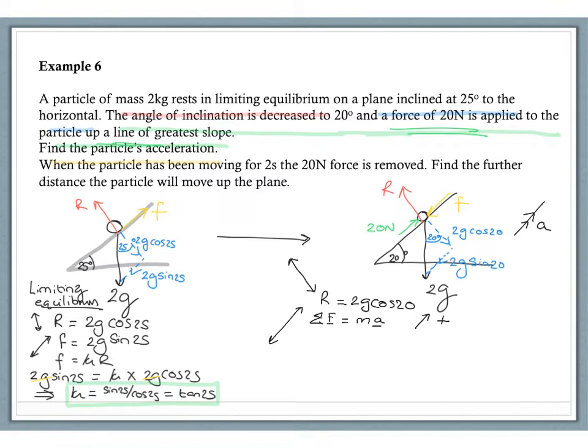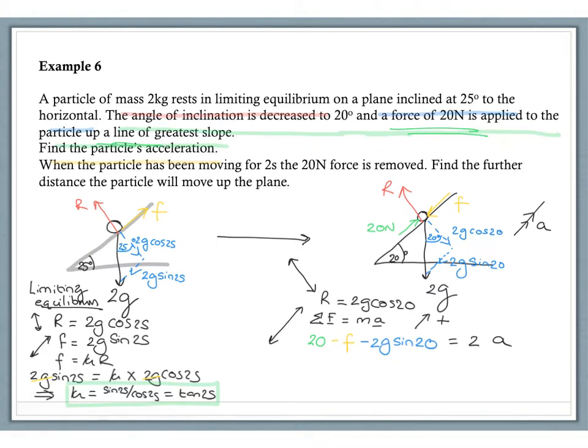I have 20 newtons acting upwards, so that's positive. Take away F, which acts downwards. Take away 2g sine 20, which also acts downwards. This must be equal to the mass of the object multiplied by the acceleration, and actually we know what the mass of the object is. It's equal to 2 kilograms, so it equals 2a. Now from here we have to be able to work out F so that we can then work out the value of a.